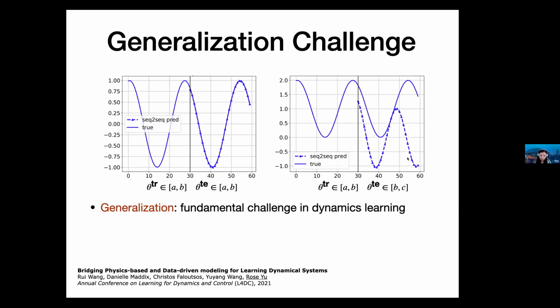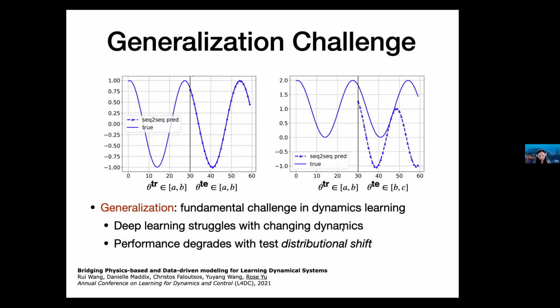So the distribution of the values themselves are actually not changing from training to testing. It's only the parameters that govern the dynamics that are changing from training to testing. So it's a specific case of generalization where the change is happening in the governing dynamics itself. So in this case, deep learning also struggles, and the performance degrades significantly with test distributional shift.